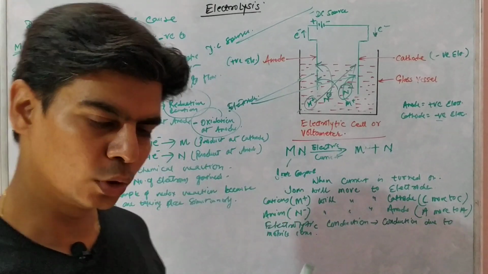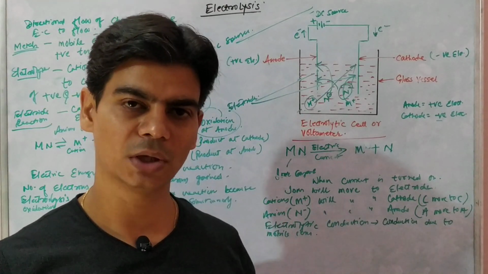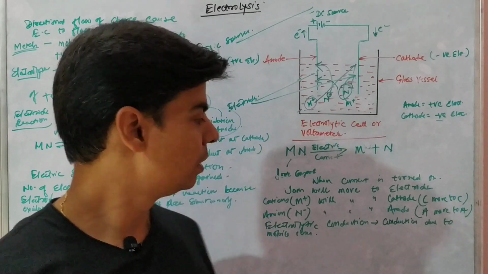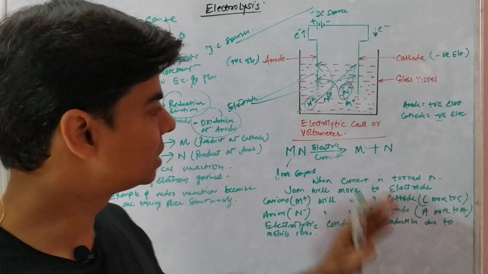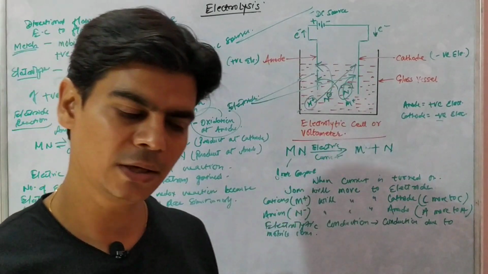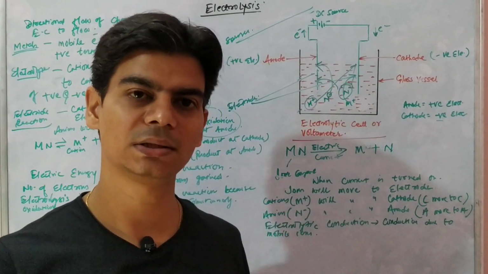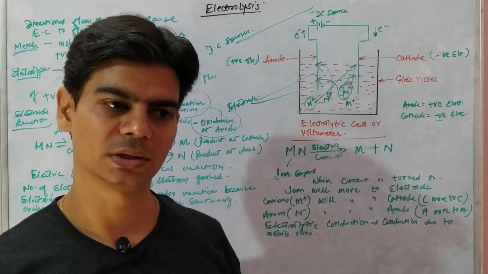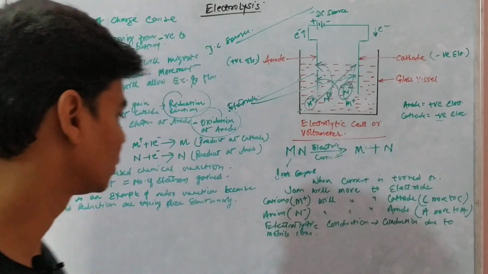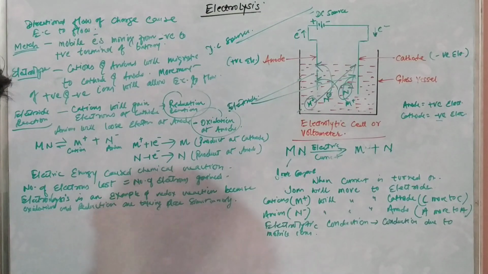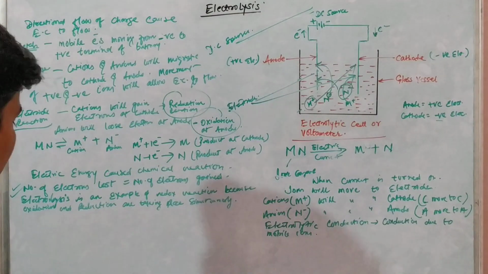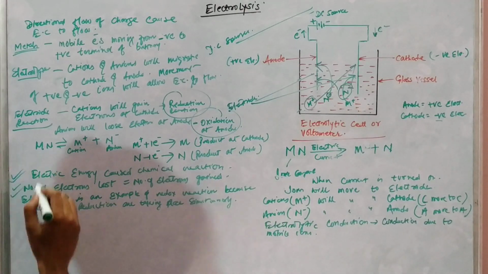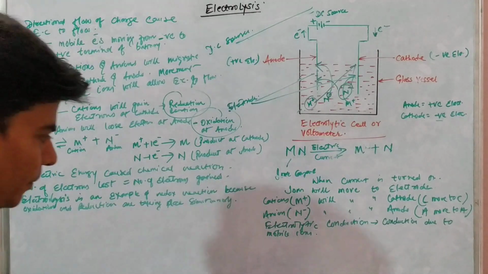Since both these reactions are occurring together simultaneously in this arrangement, which is an arrangement of electrolysis, we say oxidation and reduction take place simultaneously in electrolysis. So that is why it is an example of redox reaction. And remember that the number of electrons lost is equal to the number of electrons gained, and electric energy caused the chemical reaction to occur.